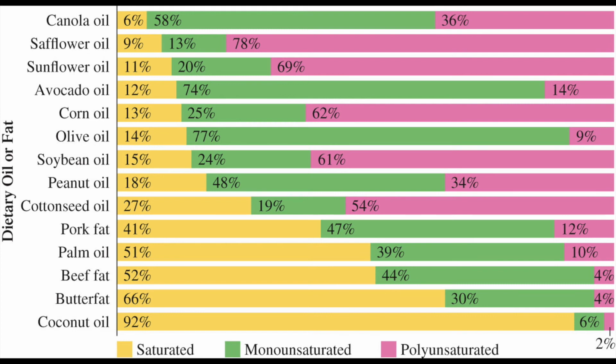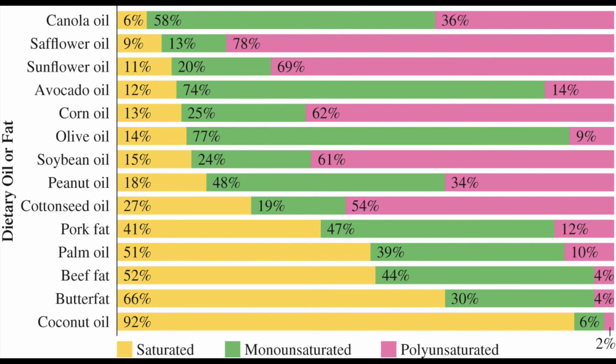And you look down at the very bottom, you see coconut oil. Wow, that has a lot of saturated fat in there. It's got more saturated fat than pork and beef and butter. And so coconut oil is not that good for you. As much as they like to sell this stuff to you, it's not all that good for you.